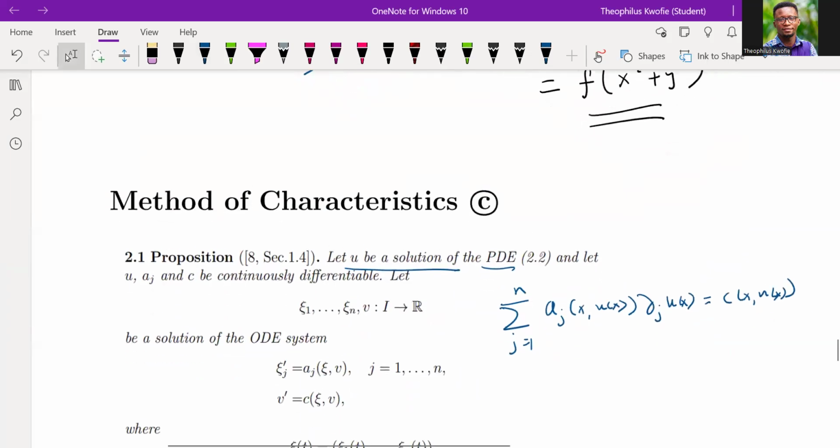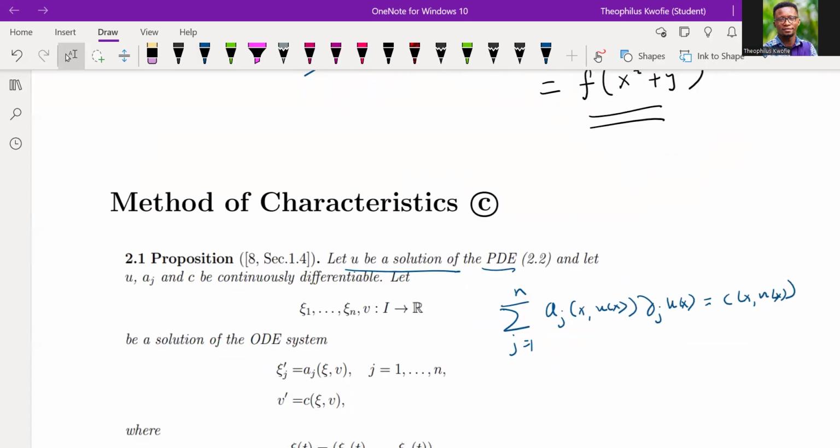Okay. So depending on how many n's you may want to have, when we expand it, we can have it as what? When j is 1, we're going to have something. Let me ignore the components. So I'm going to have a1, the partial of u with respect to x1, plus a2, the partial of u with respect to x2, plus a3, the partial of u with respect to x3, up to the case when j is n.